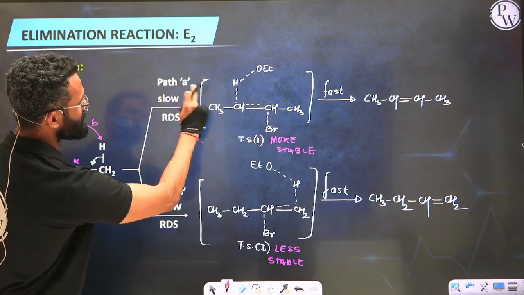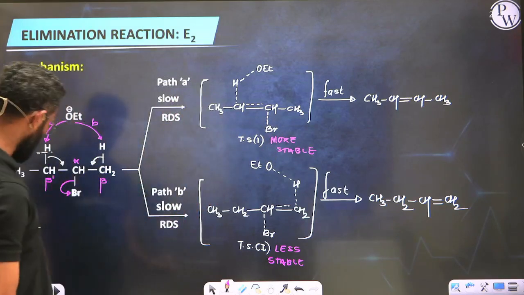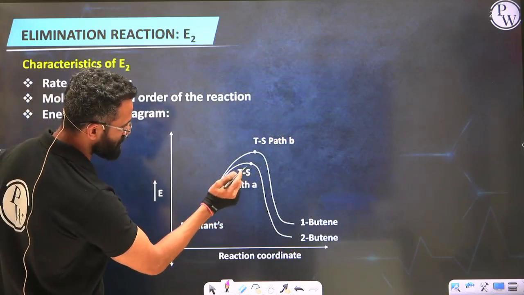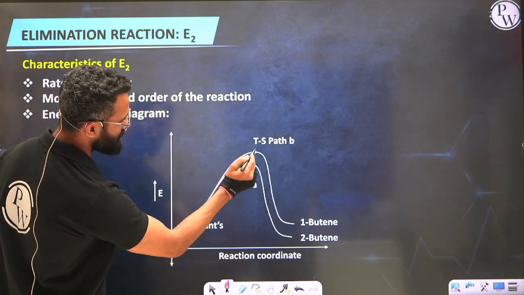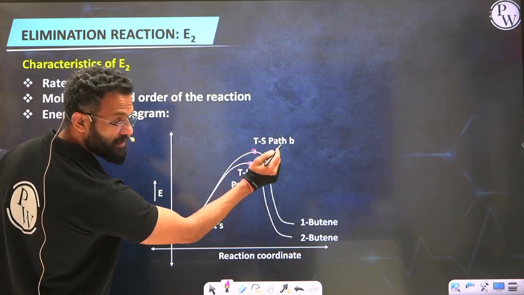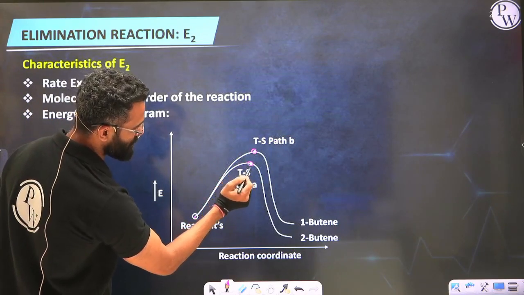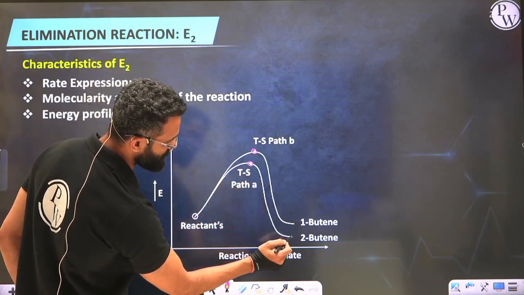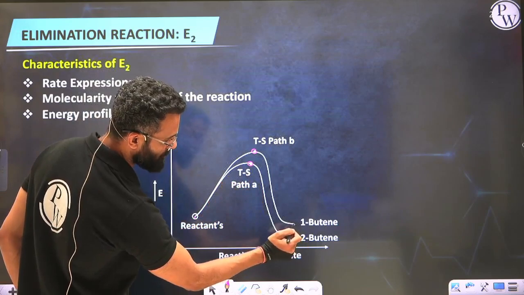So via path A, the transition state we are getting is more stable, hence its energy is lesser than the transition state via path B. Because the transition state via path A is more stable, the product obtained will be the more stable alkene, which is 2-butene rather than 1-butene.